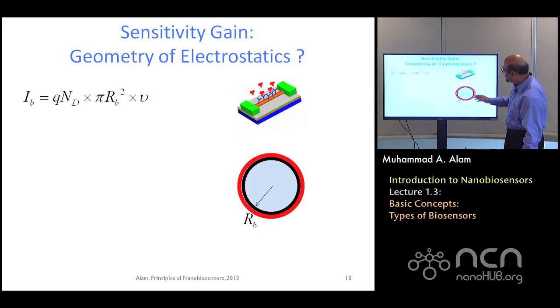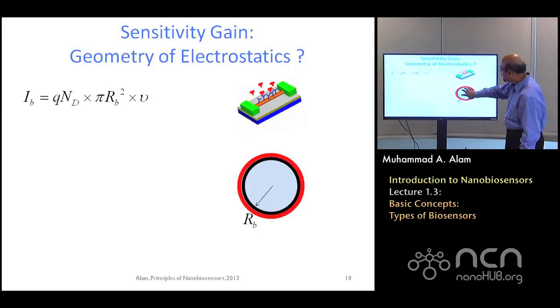Now, once the red molecules have surrounded the sensor all around, let's assume it's the extreme case. If these molecules are charged, and we are talking about potentiometric sensors here, then what will happen?